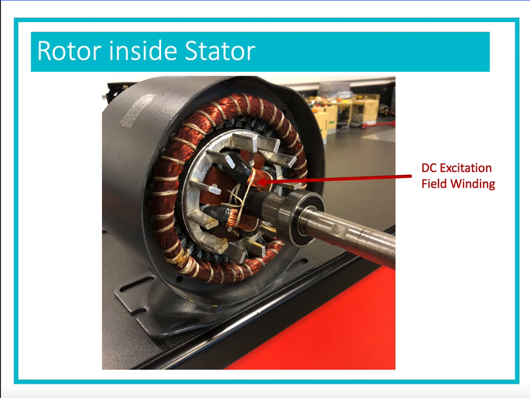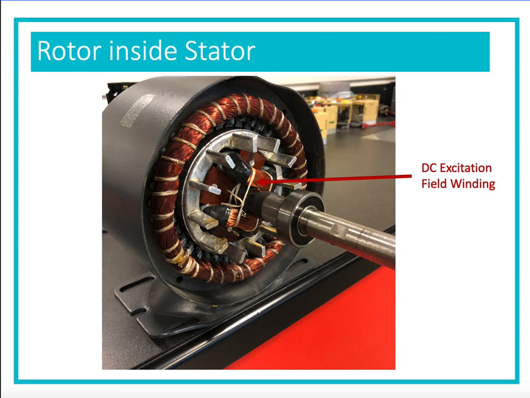And you can see on this diagram, these are the DC field windings inside the rotor. This is actually a device that was in one of our labs, so this is actually on campus here. And one of the questions I always had as a student is, if the windings are here and the rotor's moving, how are the windings connected to anything?